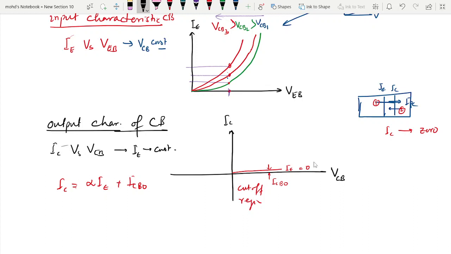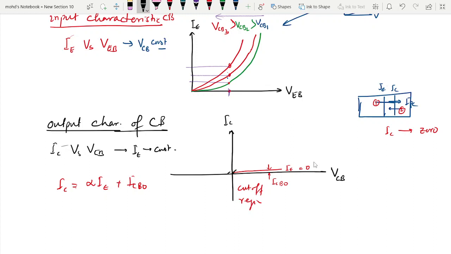Now when both junctions, the emitter junction and the collector junction, are operated in forward bias, the two currents will be forward currents.